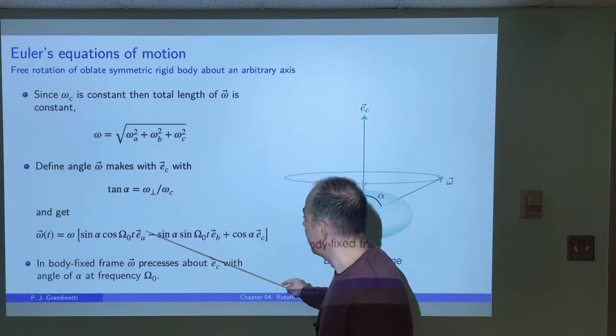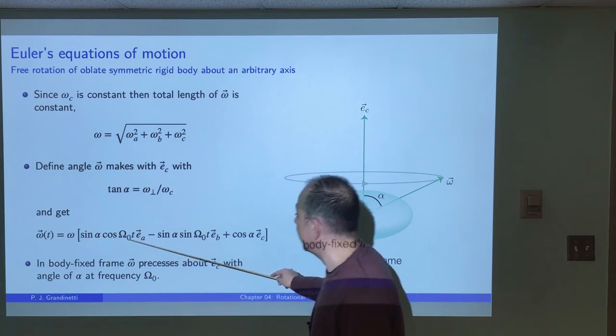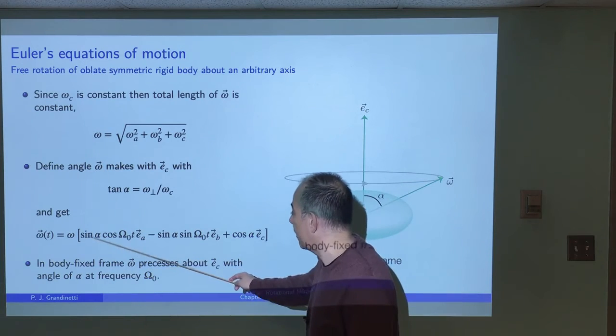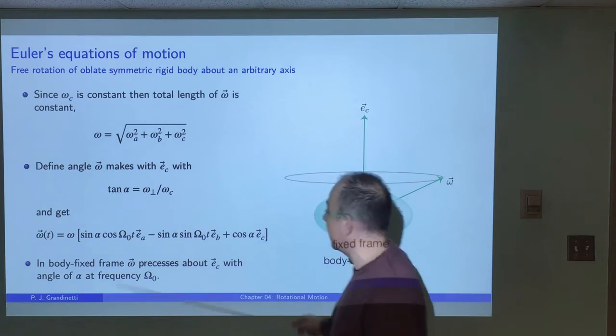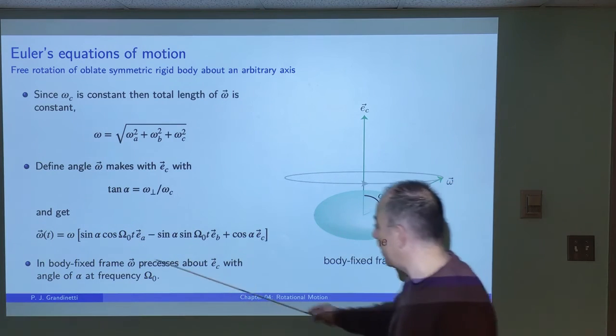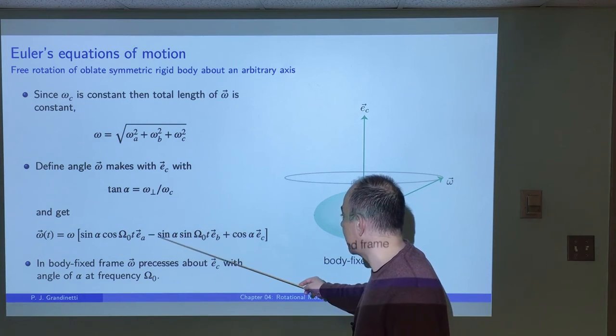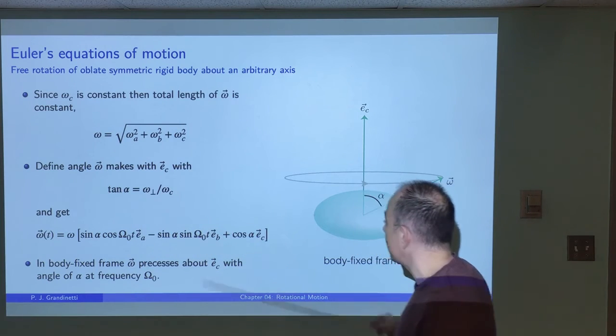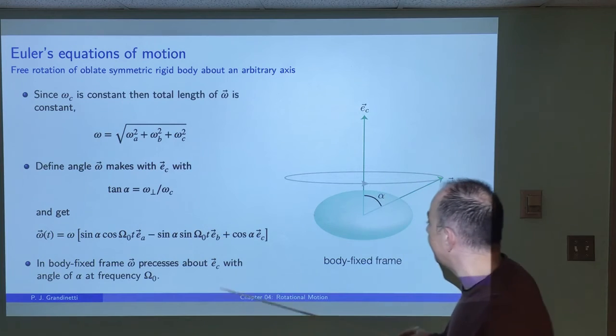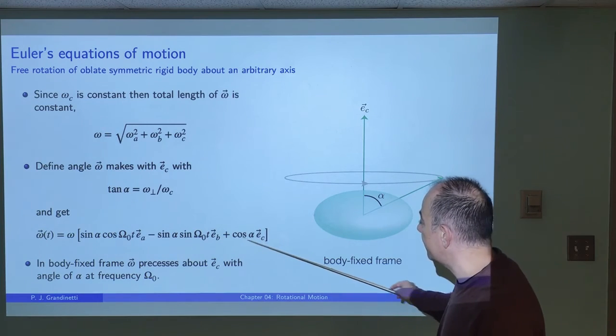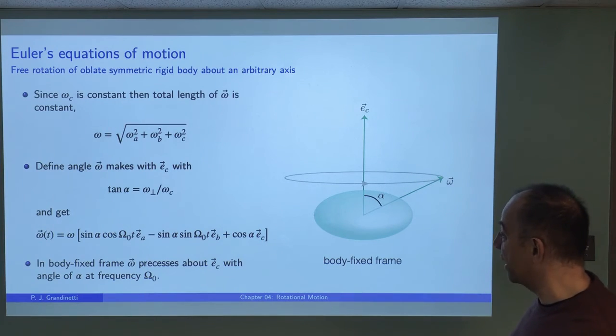This is the component along the e_A direction, which is going to be scaled by sine alpha, and it's going to have this cosine omega t time dependence. The B term is going to be scaled by, again, sine alpha, and it's going to have a sine time dependence with a negative sign. And the C component is just going to be scaled by cosine alpha.